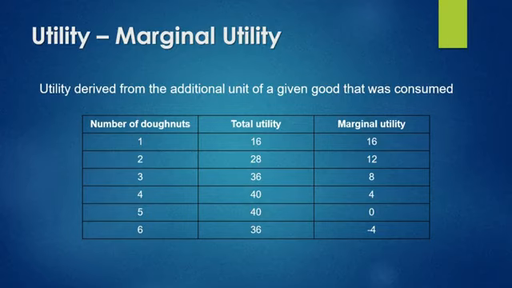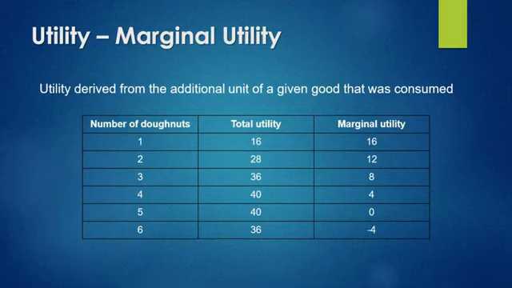Now to find the marginal utility, we need to find the difference in total utility from unit 2 to unit 1. And the difference there is 12, which is why you see a 12 at marginal utility at the second unit of donuts. And we'll do the same for units 3 and 4.